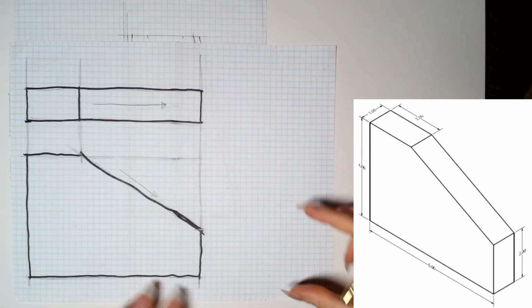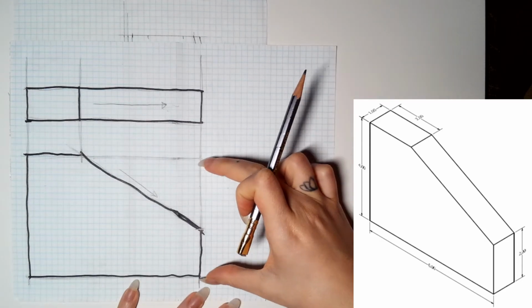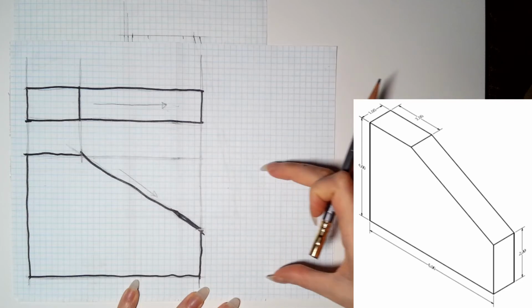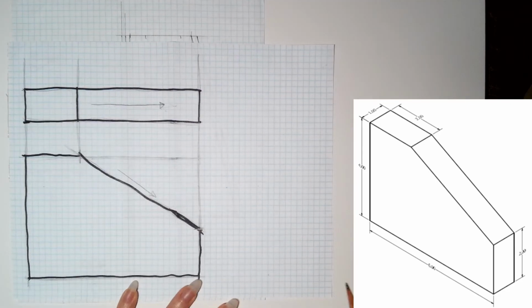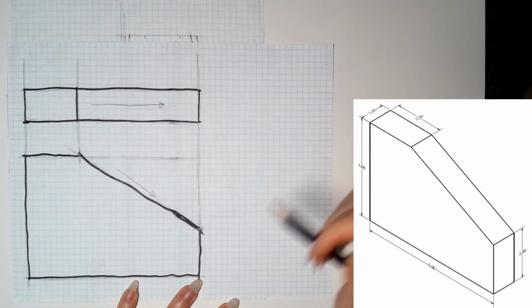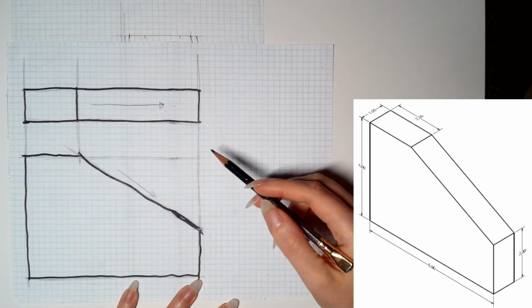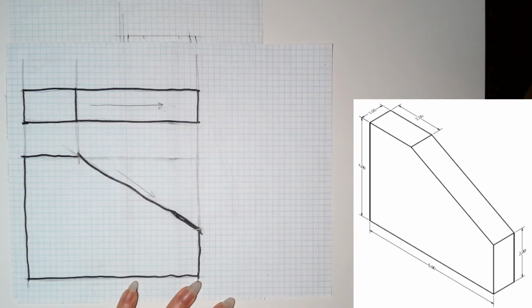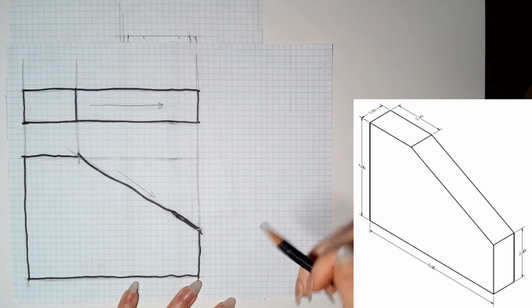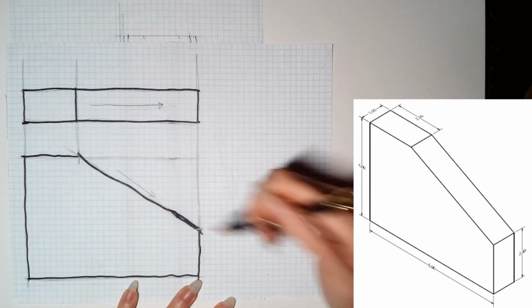Now, our side view, again, we're going to orient it so that it's aligned with the front view. And we'll use, in this example, the miter line technique to bring it in there. So the miter line technique is drawn at 45 degrees, and it's taken from the front view.